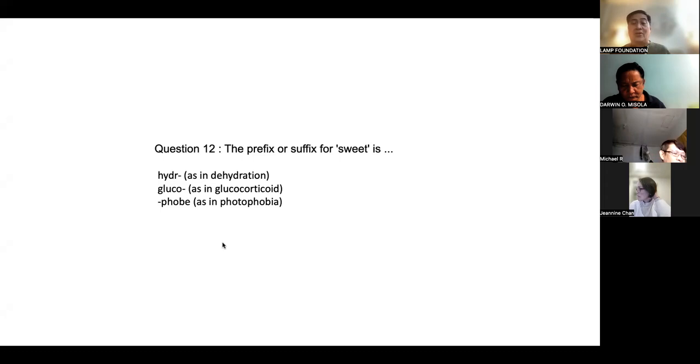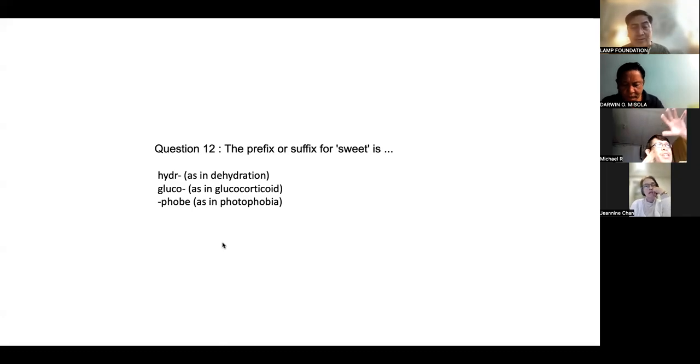Where are the adrenals located? Have you seen the cap of a dwarf? It's like a cap on top of what two structures? Kidneys. Now you understand.